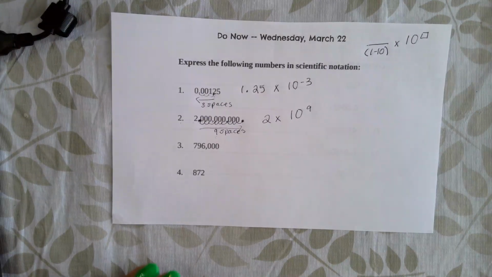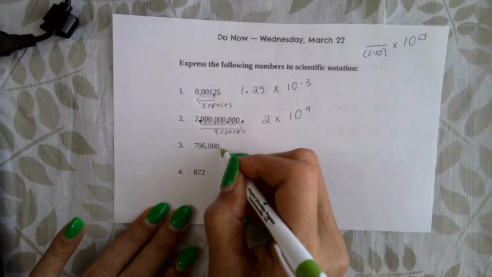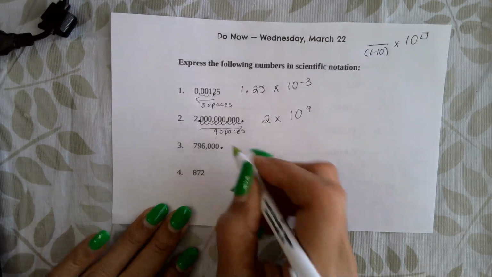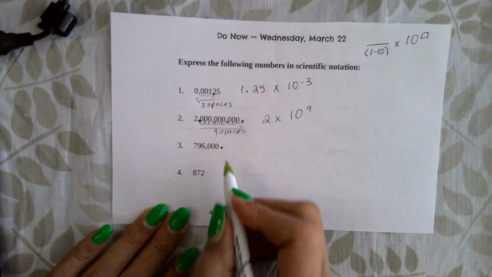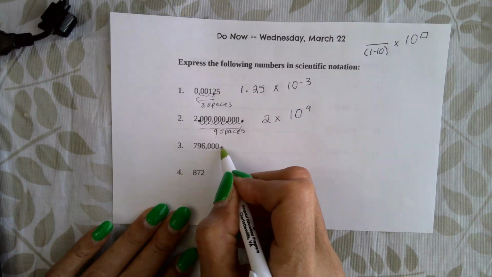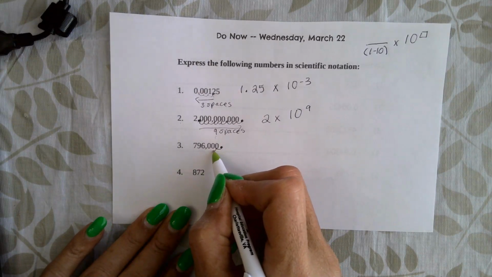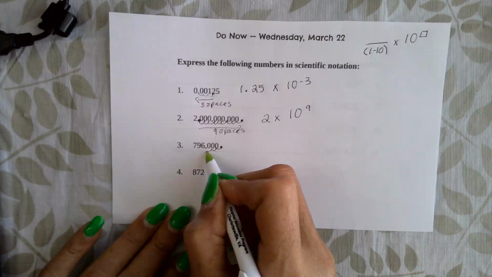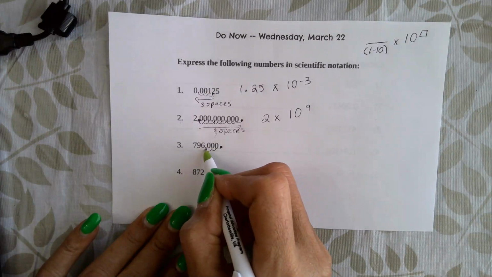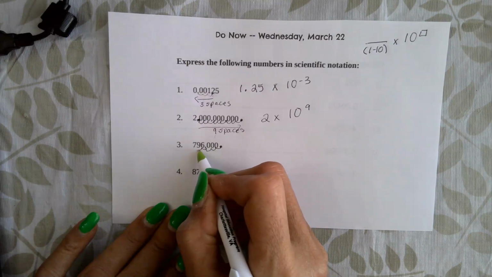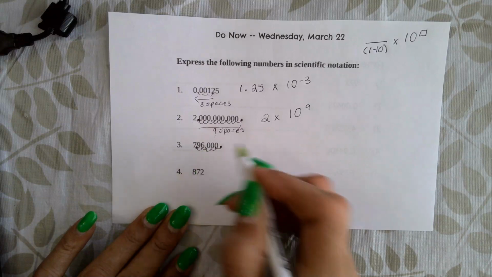This one does not have a decimal point either, so we're going to put it here. Okay? So we need to keep moving it until we get between 1 and 10. Here, no. Here, no. Here, no. Here, nope, we're at 79. What about here? Yes, 7.9600.